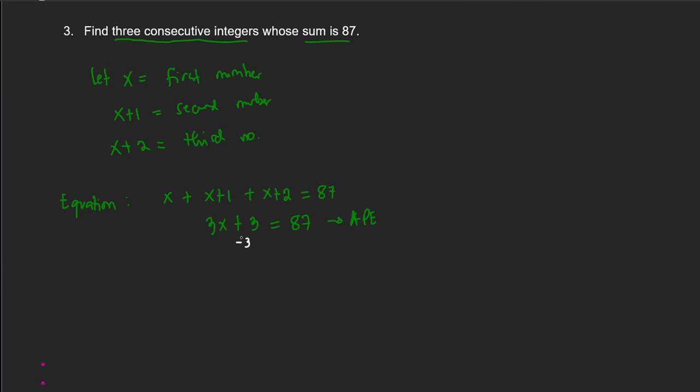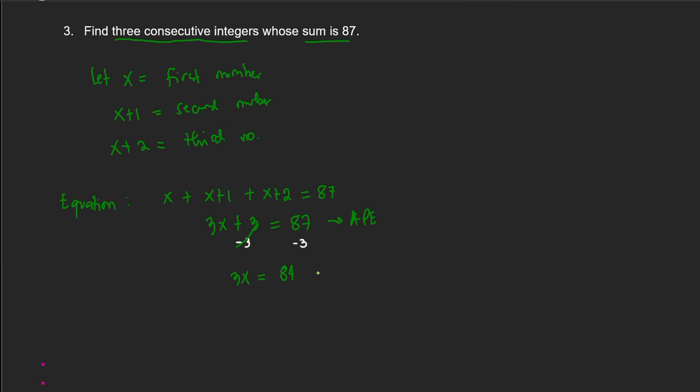So you have to add negative 3 here, then add also negative 3 sa kabila. So ito ay maging cancel out. So 3x na lang matira is equal to 87 minus 3. So that will be equal to 84.